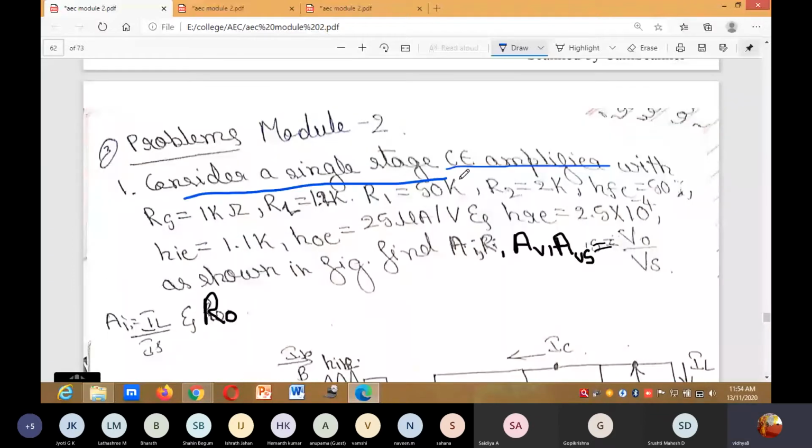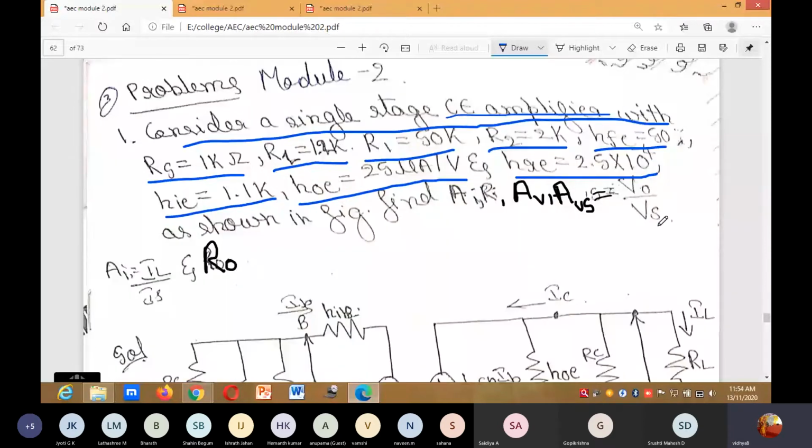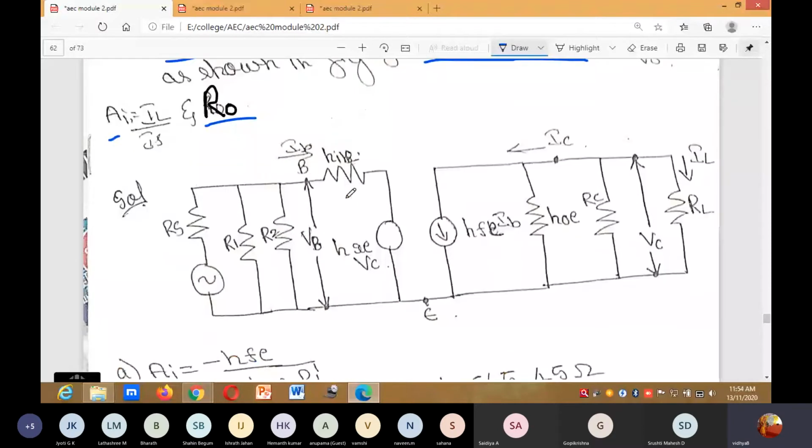Consider a single stage CE amplifier with RS equal to 1 kilo ohm, RL equal to 1.2 kilo ohm, R1 equal to 50, R2 equal to 2 kilo ohm, HFE equal to 50, HIE equal to 1.1 K, HOE equal to 25 microamps per volt, HRE equal to 2.5 into 10 to the power minus 4, and find AI, RI, AV, AVS, and R0. These are the parameters we need to find out.